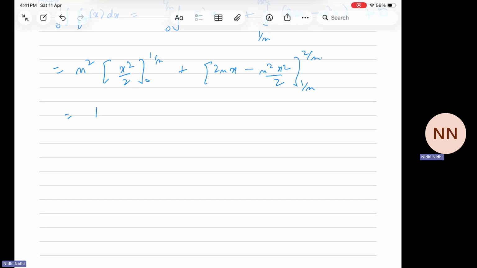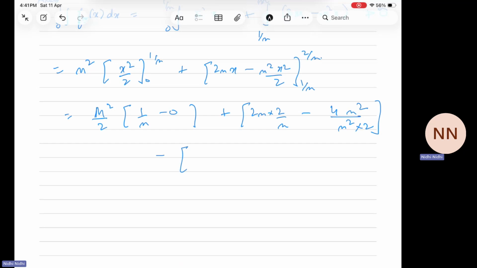Okay, I'll do the simplification. This will be n square by 2 times 1 by n square minus 0, plus 2n times 2 by n minus 4 n square by n square into 2, minus 2n into 1 by n minus n square by 2n square.